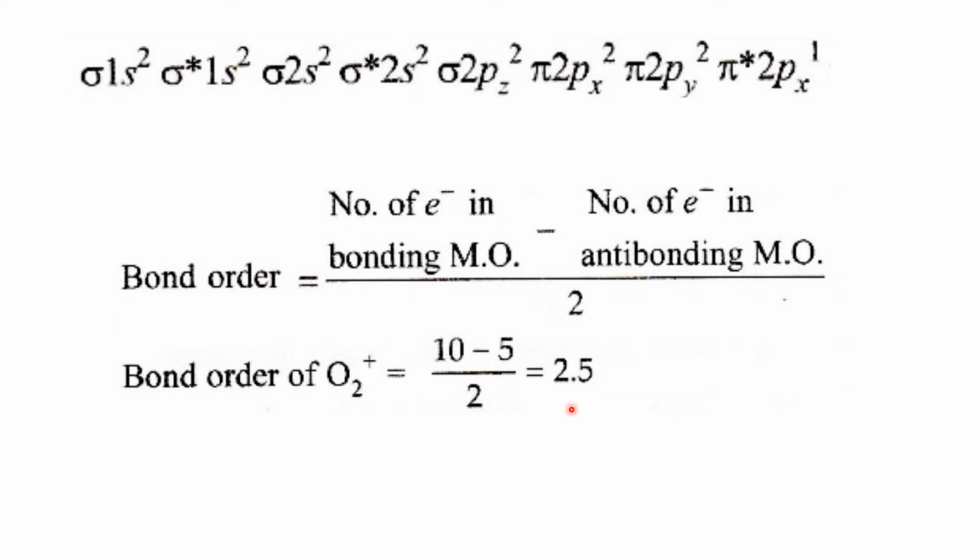That means for O2 plus molecule, the bond order is greater than oxygen. Why? Because for oxygen the bond order was 2, while for O2 plus the bond order is 2.5. Hence we could say O2 plus molecule is more stable than oxygen molecule.